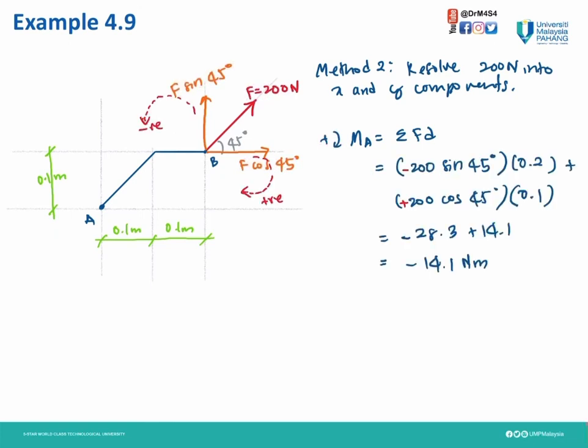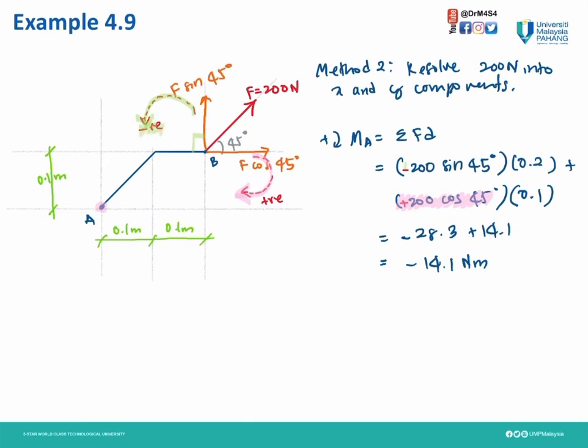So for F cos 45 degree, to get to point A, it will be clockwise. That's why here is positive 200 cos 45. While for F sin 45, to get to point A, it is anti-clockwise, so negative.